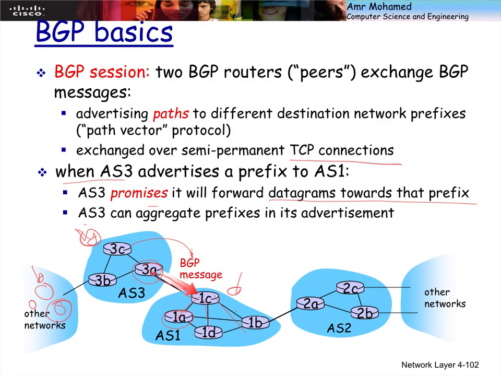And the prefix here defines a range of IP addresses, which could be very, very large, that summarizes all the IPs in these networks. It exchanges this with AS1, and AS1 will exchange it to internal routers and so on.